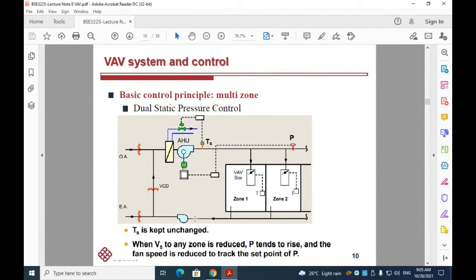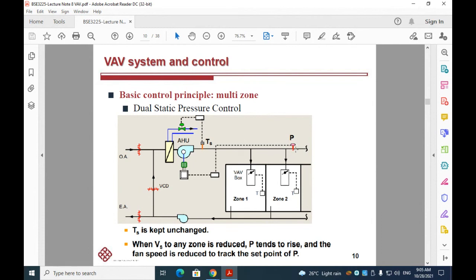And when, for example, the supply air volume to any zone controlled by the damper here is reduced, then this pressure will rise.